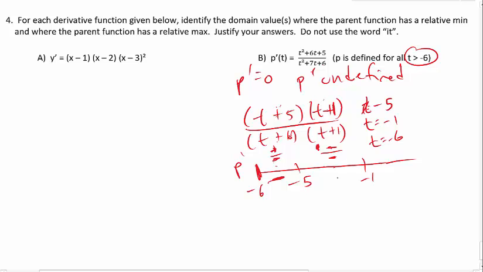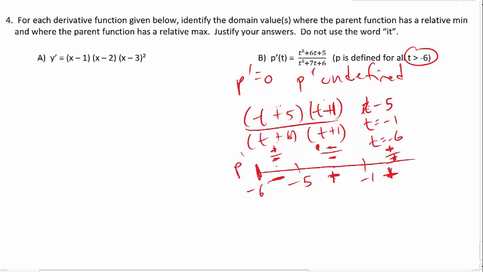And a negative over a negative gives you a positive overall answer. For the final interval, we could use 0. Plugging in 0 gives me 5 on top, that's positive, and 6 on bottom, that's positive. So I get a positive overall result.